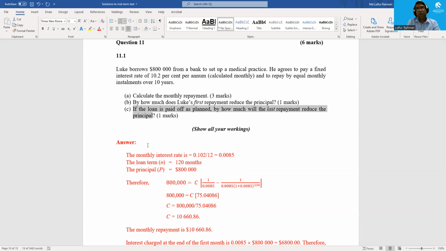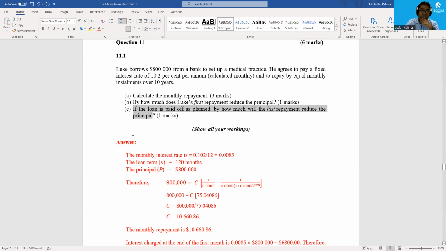As I told you on different occasions, each mathematical problem in this course is based on some theoretical understanding. That's why you first need to appreciate the theory behind it, then you solve the problem. It's not necessarily that you just pick up a formula, put in all the numbers, and get the result.